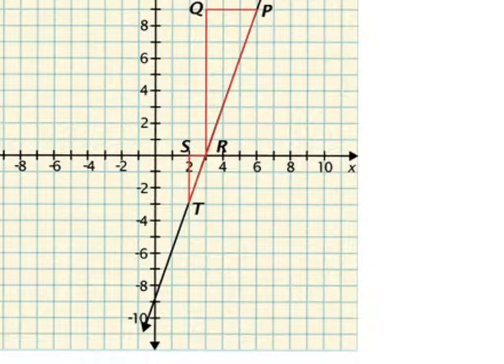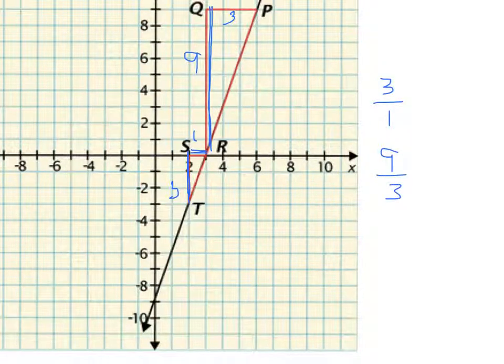So right here, this rise is 3 units, and this run is 1 unit, or this rise is 1, 2, 3, 4, 5, 6, 7, 8, 9 over the run of 3. So we have 3 over 1, or the ratio 9 over 3, and it comes out to that same rate of 3, or the same rate of change.